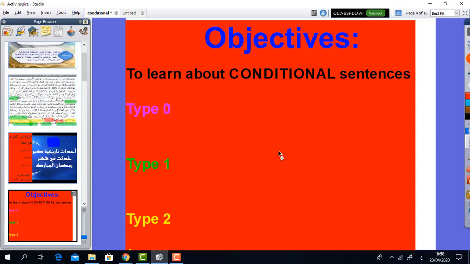Just to simplify the task, the conditional sentences are the equivalent of the Arabic جمل الشرط, in which we have جملة شرط وجواب شرط. When a first action or condition happens, a second result or a second action can happen, and we will see the differences between each type of conditional sentences.